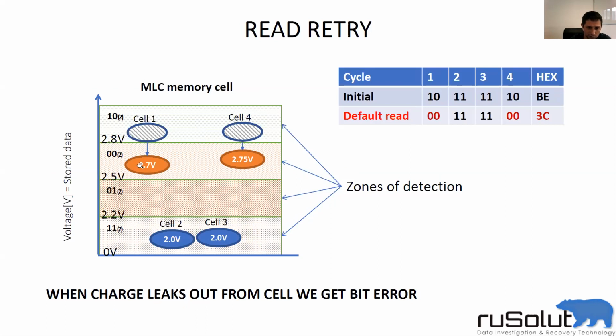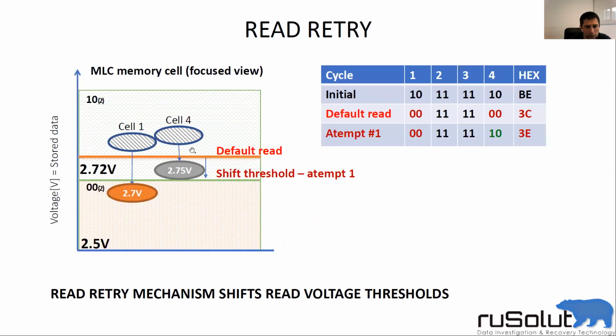So with the default read, we will use the original thresholds for all memory cells, the default thresholds. But when we run read-retry, the software will send special commands to the chip, and the chip will move those thresholds, and we can adjust the thresholds for the new situation. So we shift those thresholds.